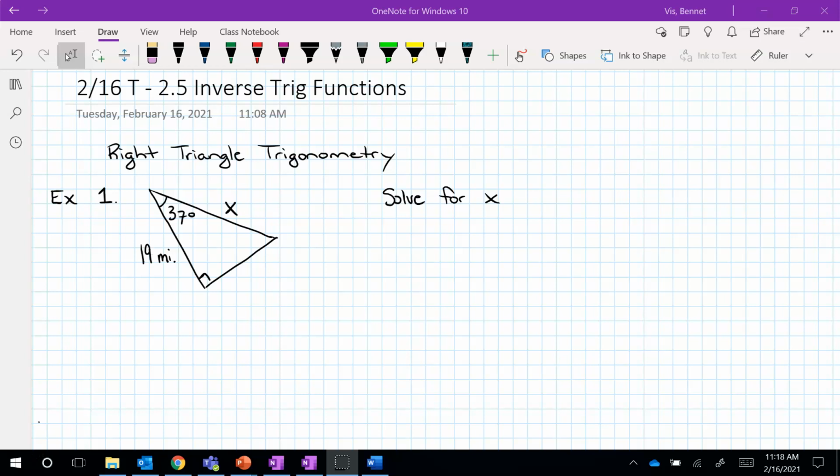So looking at this question, I know my angle there is 37. I've got 2 other side lengths that I care about. If I want to identify the side lengths I care about using that adjacent, hypotenuse, and opposite language, I know the adjacent side, and I'm looking for the hypotenuse.